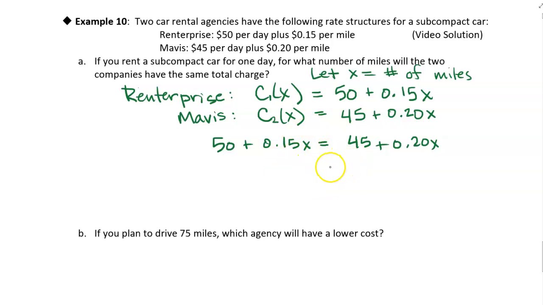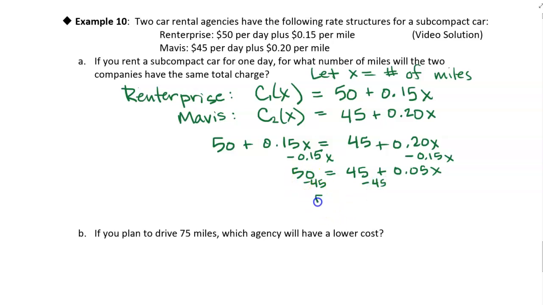All right, so now it's just algebra. I'm going to subtract 0.15x from both sides, and I end up with 50 is equal to 45 plus 0.05x. And then I'm going to subtract 45 from both sides.